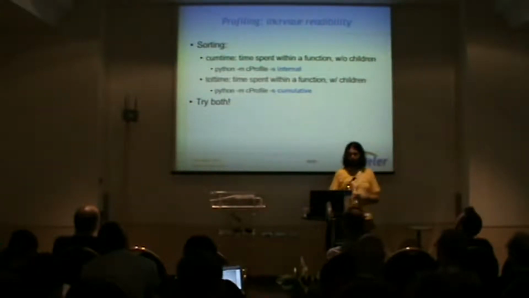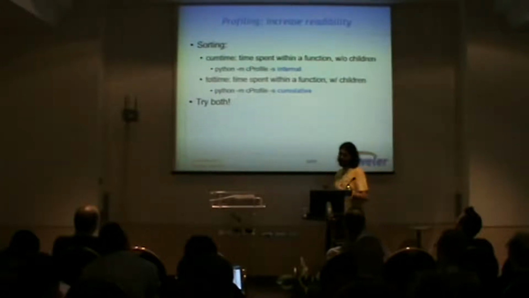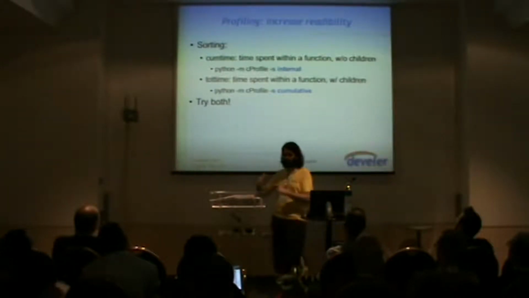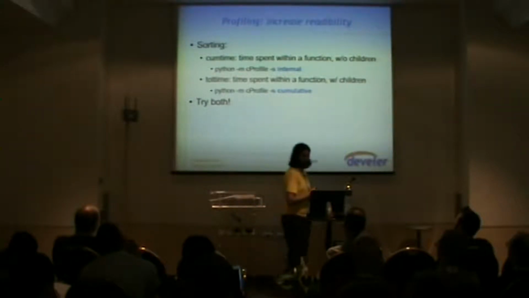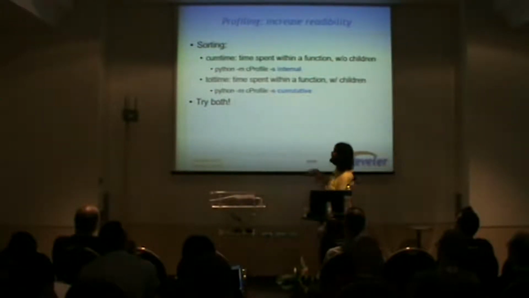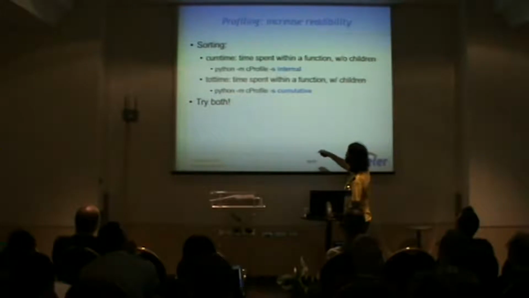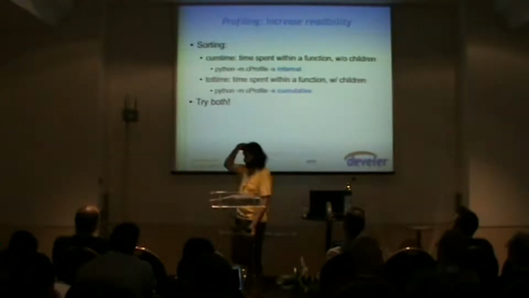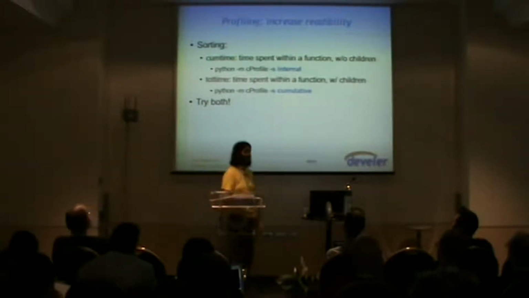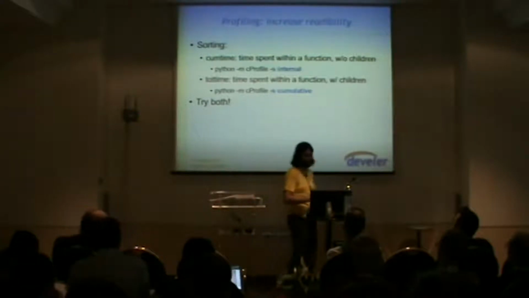And total time instead is the time spent within a function, including all the children, so until the function exits. Okay? So to sort by cum time or tot time, you have to use this -s command line option, which is also a sort keyword argument to the cProfile.run function if you are debugging within your code.